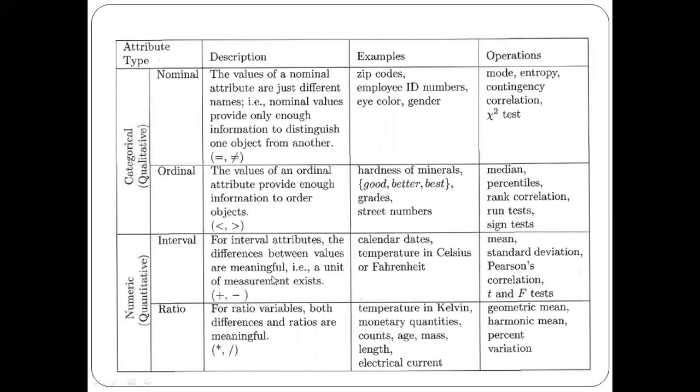For example, temperature I can measure at one point, and then at some other time I will measure it again, after 10 minutes. So in terms of plus or minus difference, you can measure here. There will be some difference, so using that difference, I can explain about this interval. And then calendar dates. Even calendar dates I can consider as an interval here. From this date to this date, that is some kind of interval.